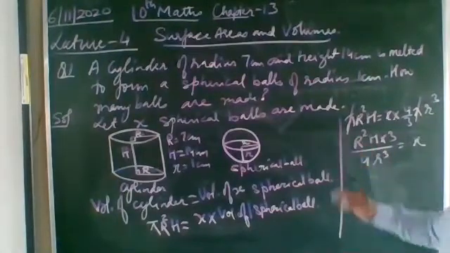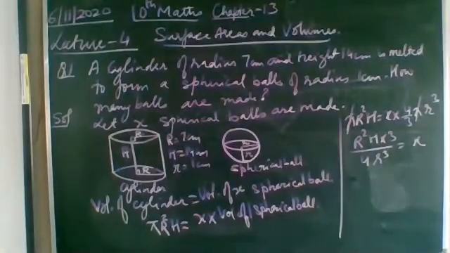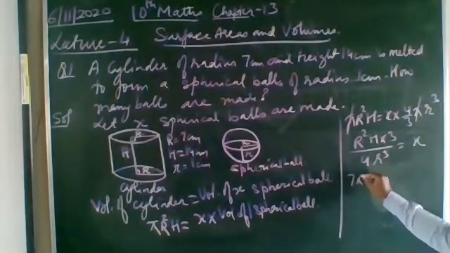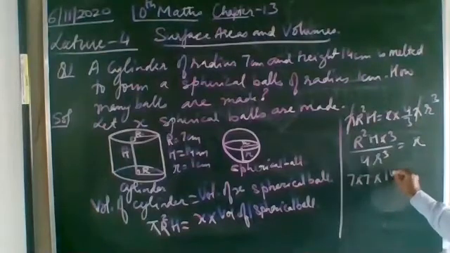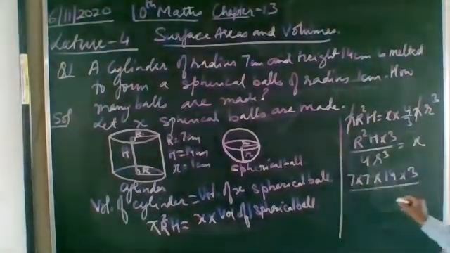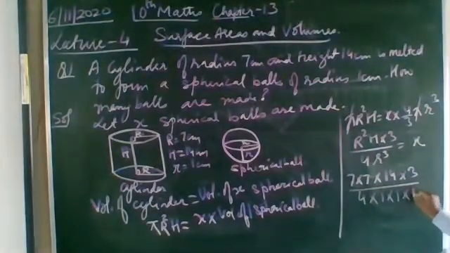If you have done the question like this and suppose this is of 4 marks, you will get 3 marks. Now after that, putting the correct values, capital R is 7 into 7, capital H 14 into 3 upon 4 into 1 into 1 into 1 equal to x.